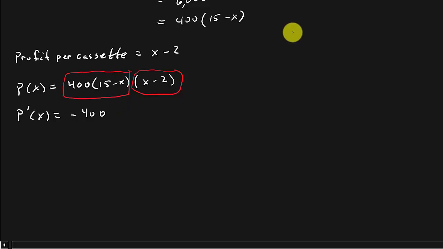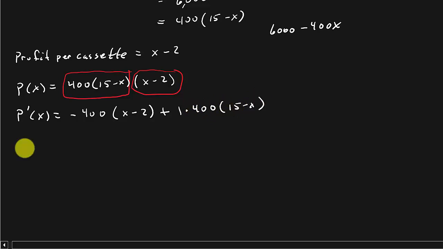And see, you can also look at it like this. If you distribute that 400 back, that's 6,000 minus 400x. What's the derivative of that? Negative 400. And that would be times x minus 2, plus the derivative of this, which is 1, times 400 times 15 minus x.